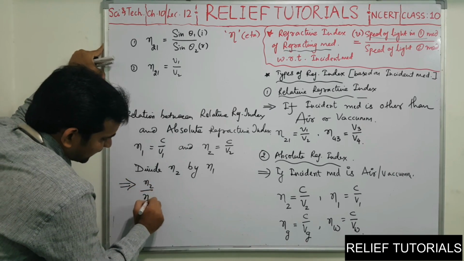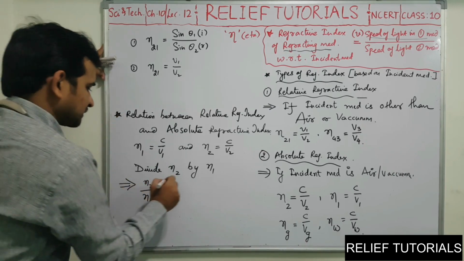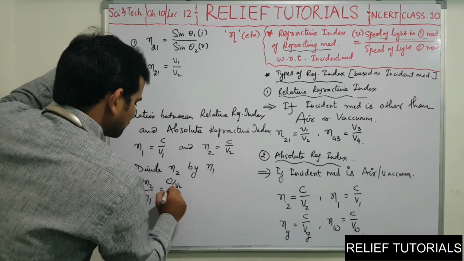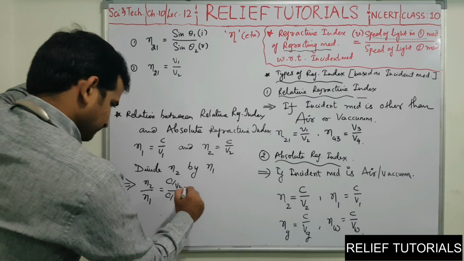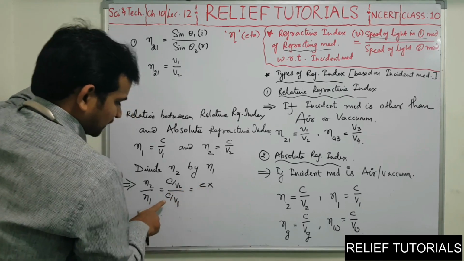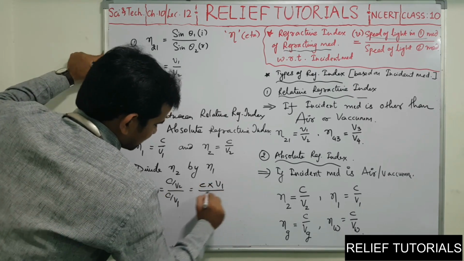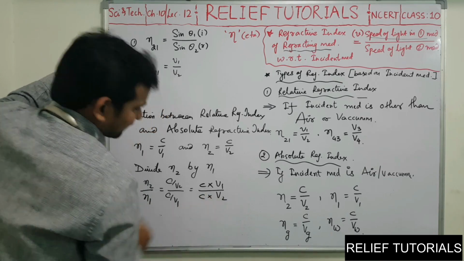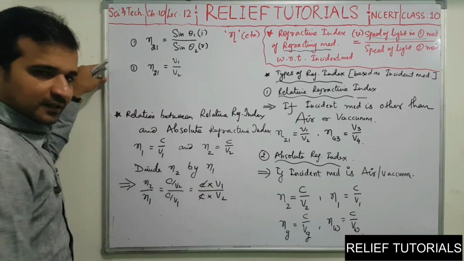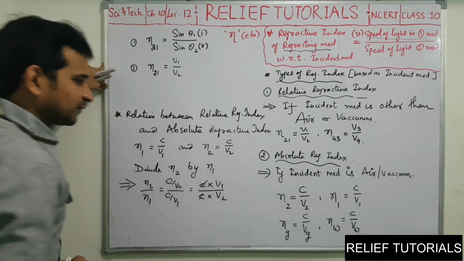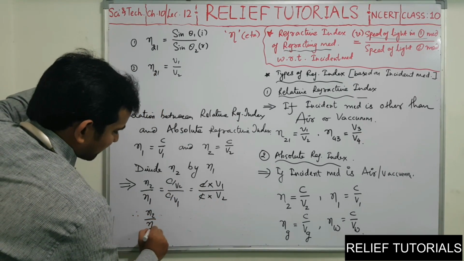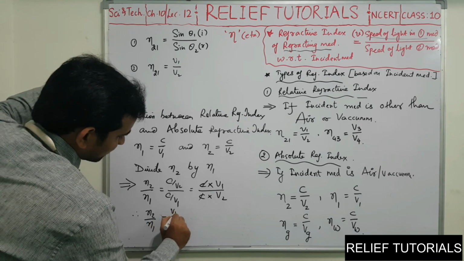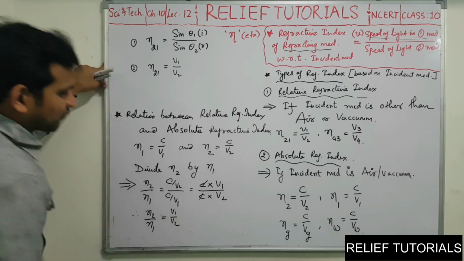Eta 2 by eta 1 is equal to, eta 2 means C by V2 upon C by V1. So C into V1 by C into V2. C is cancelled here, so V1 by V2. So finally eta 2 by eta 1 is equal to V1 by V2.